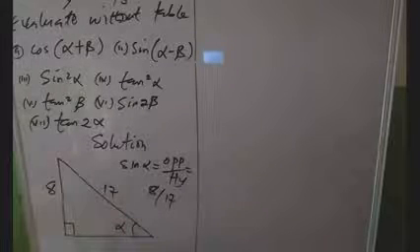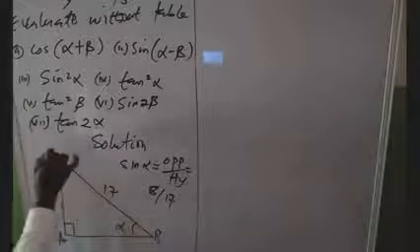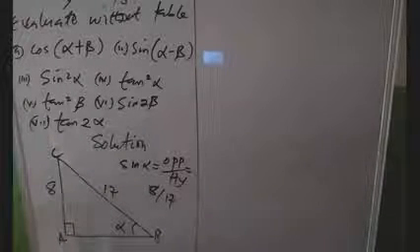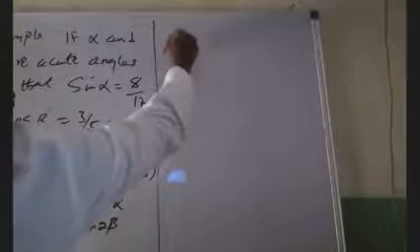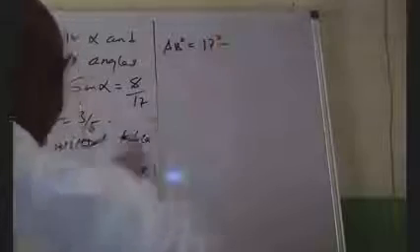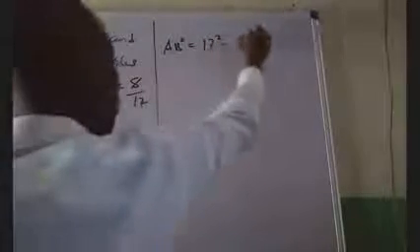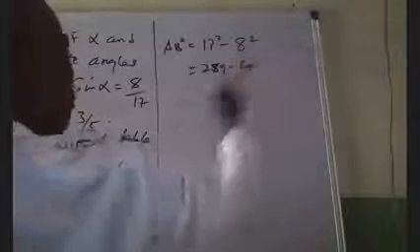So how do I get the value of AB, if this triangle is ABC? Using Pythagoras theorem, my AB squared will be equal to 17 squared minus 8 squared. 17 squared is 289, minus 64.